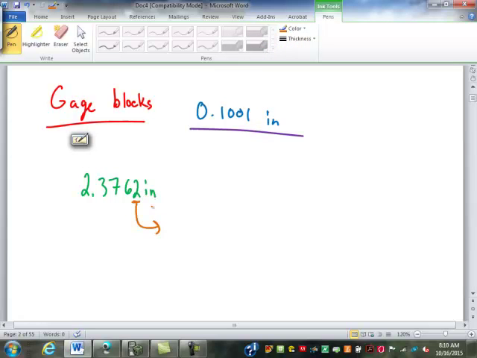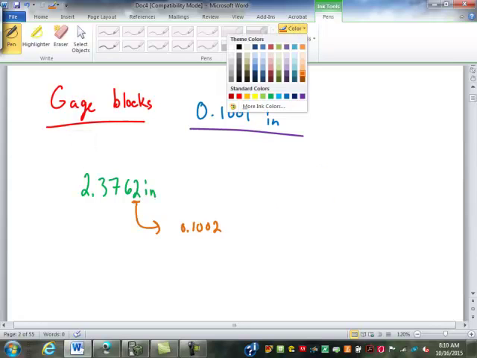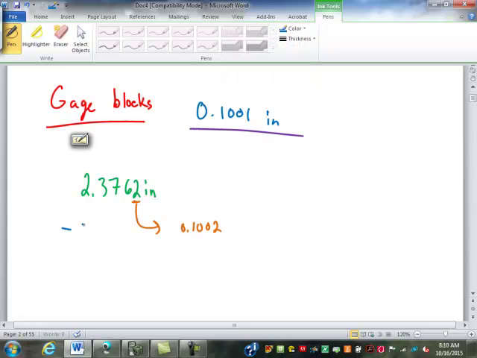Well, there's only one block in our series that has a 2 in it. It's the 0.100 that ends with 2 10,000ths. That's the 0.1002. So we are going to subtract 0.1002, which leaves us with 2.276 left to build. So that block is part of our build.